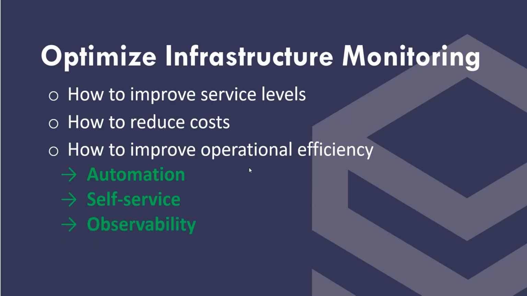And then I'll talk about observability, which is perhaps the new kid on the block. It has certainly been around for a while, but I'll talk about how we can leverage some observability technologies and workflows to improve operational efficiency.